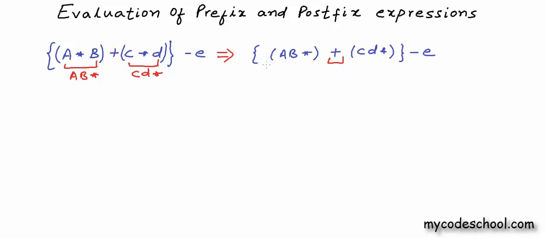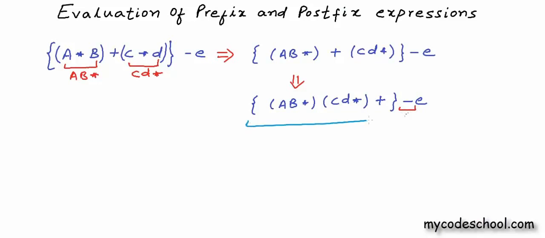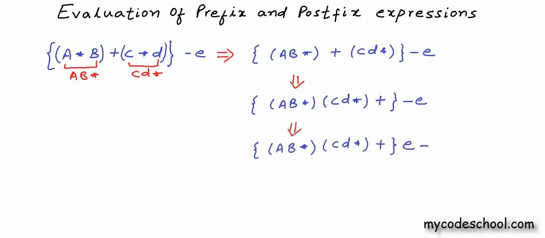Now we can do the change for this addition. The two operands are these two expressions in postfix, so I'm placing the plus operator after these two expressions. Finally, for this last operator, the operands are this complex expression and this variable e. So this is how we will look like after the transformation. Finally, when we are done with all the operators, we can get rid of all the parentheses.